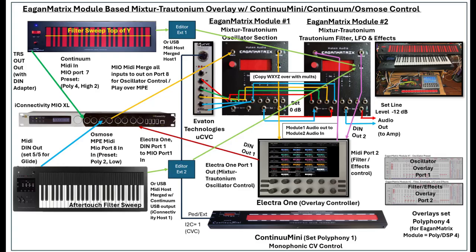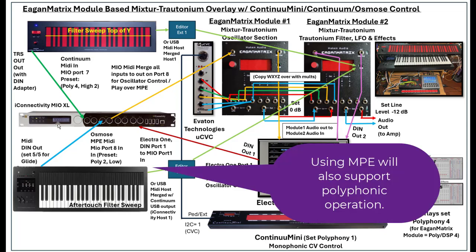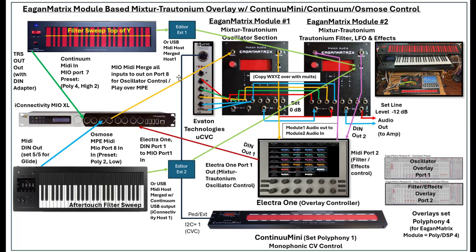We're going to make things a little more complicated by throwing the Osmose and the Continuum into the mix by sending their MPE outputs into an iConnectivity Mio, which we can then route that MPE to the oscillator module and also send it into the editor using the editor's external interface so that I can send MPE in parallel into both modules.